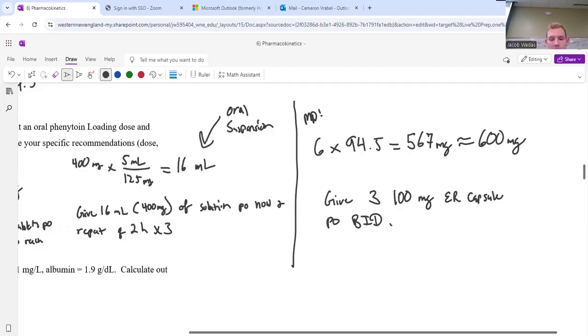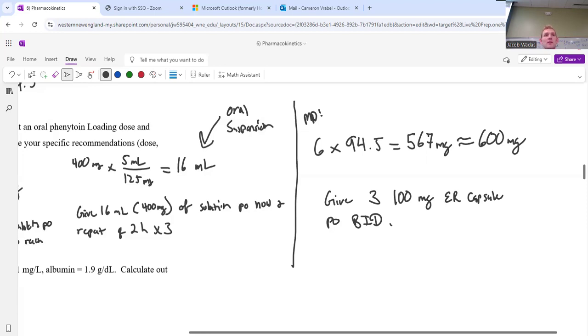So something to remember about the maintenance dose for phenytoin is that if your dose is greater than 300, that's when you split it. And then the max dose for a single split is 400. It's very confusing and he didn't explain it well in class at all. Basically, if it's over 300, you have to split it.